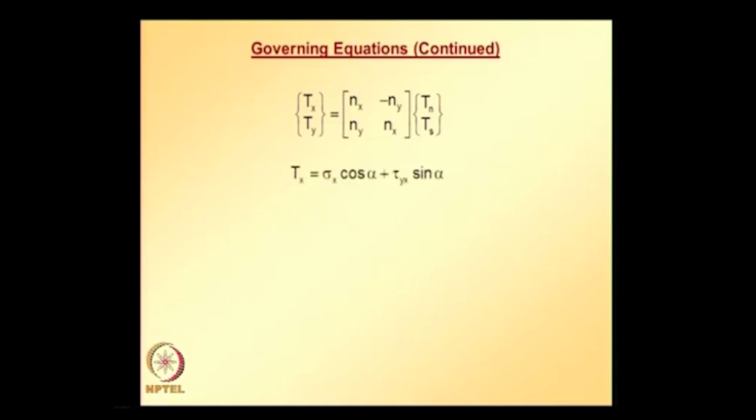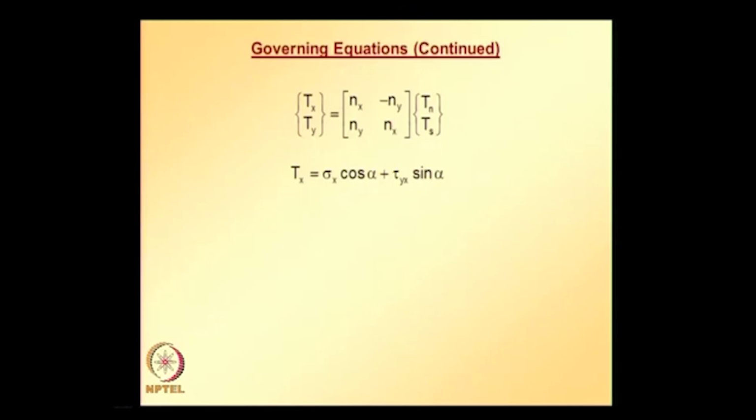And also tractions can be expressed in terms of internal stresses, writing the equilibrium equation for a triangle showing the surface tractions and internal stress components. In the last class we have seen how to get this equation.